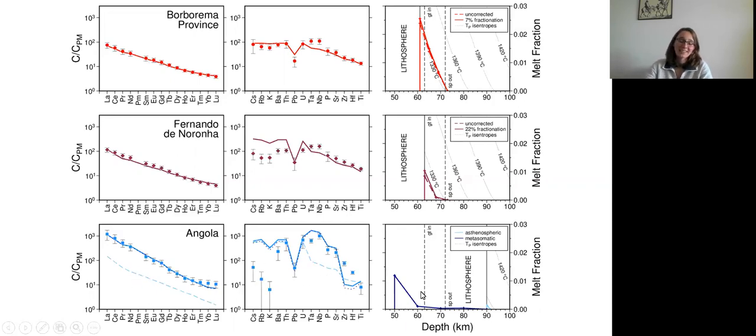I've already said that they're carbonatic, so that means that they're probably not generated purely in the asthenospheric mantle, but rather have a lithospheric metasomatic component in them as well.